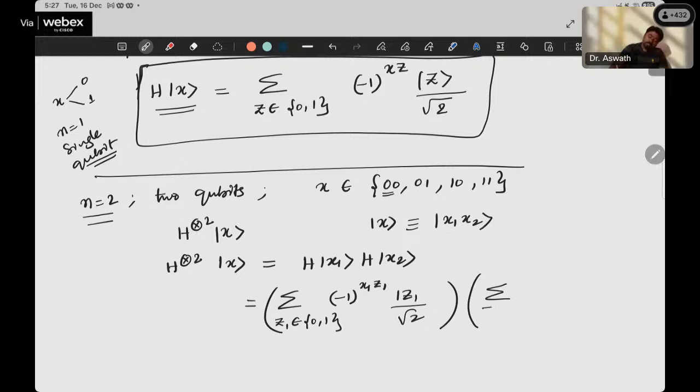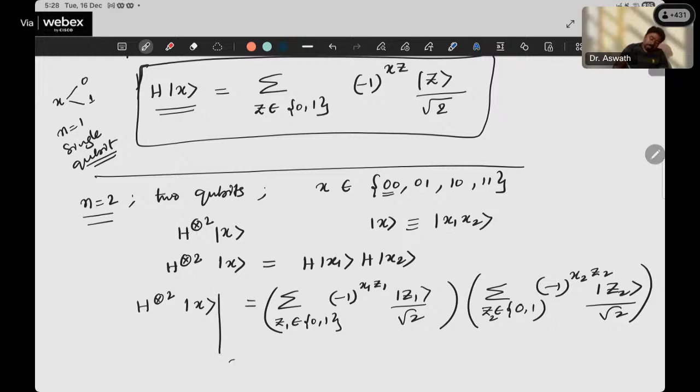Another one is summation over z2 belongs to 0 comma 1, minus 1 to the power of x2 z2, multiplied by z2 ket divided by square root of 2. So this is what I have, Hadamard square acting on x, where x is x1 and x2, for a 2 qubit system.